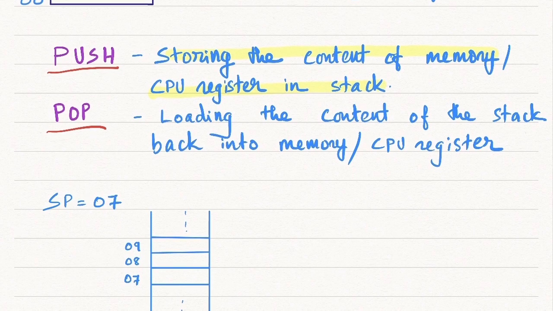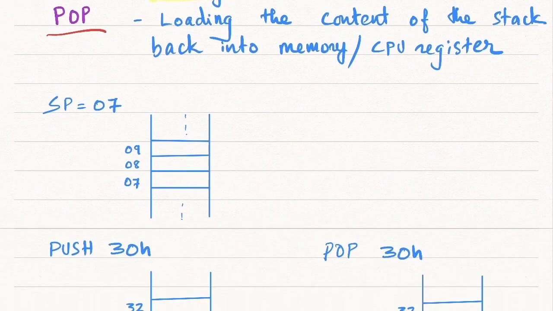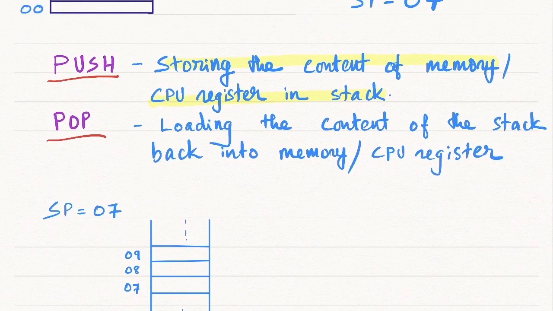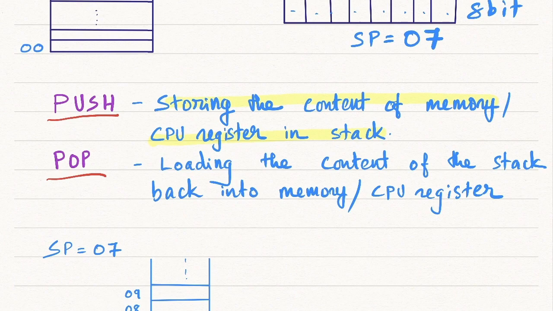And the stack pointer, while pushing, will store the last used location of the stack. As we push data onto the stack, the stack pointer is incremented by 1. We will understand this in detail with the examples shown below. There is also an instruction to retrieve the contents of the stack back to the register or the memory.